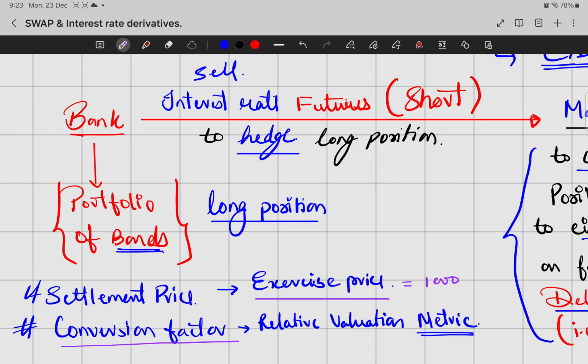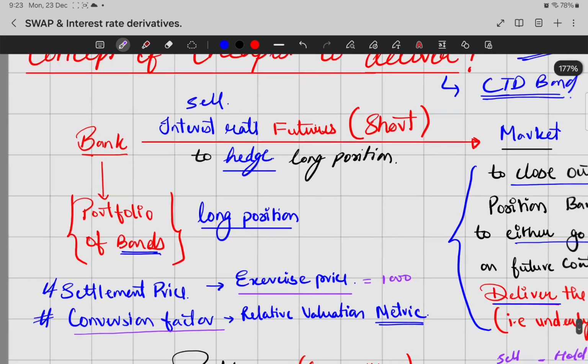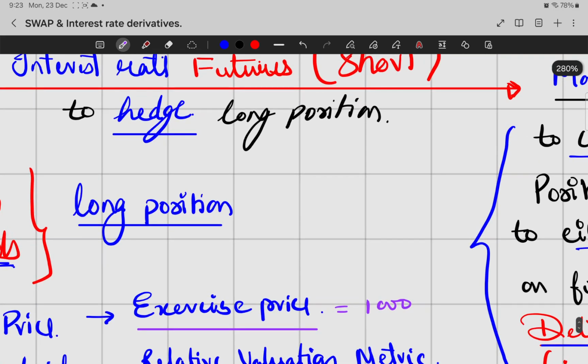So in order to hedge yourself from the movement of interest rates, what you need to do is to sell the futures. Okay, and why do you need to sell the futures? The basic aspect of hedging is, to hedge means to take opposite bets.